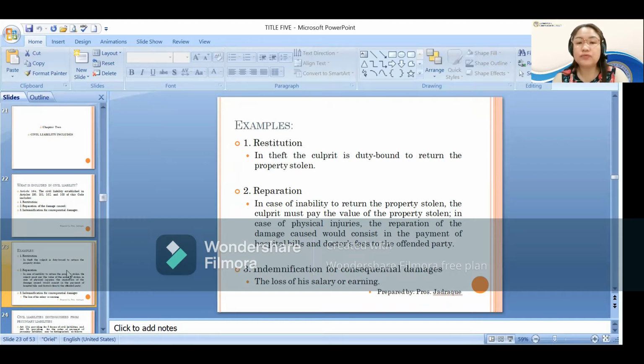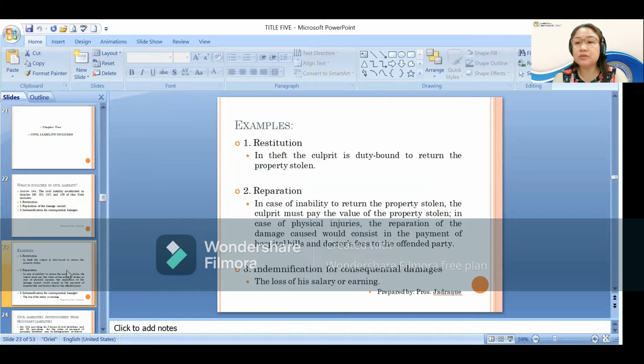So when we talk of restitution, we are referring to the return of the property subject of the thievery. We have to return the very same object that was taken from the private offended party. Now, there are also instances where the return of the very thing itself, which is the object of the thievery, cannot be returned.